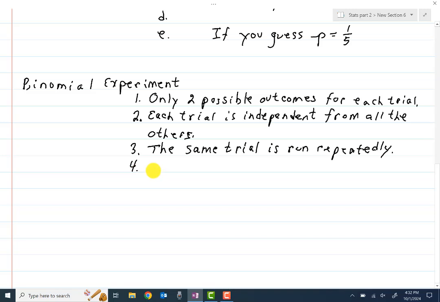And p is always the probability of success for any trial.